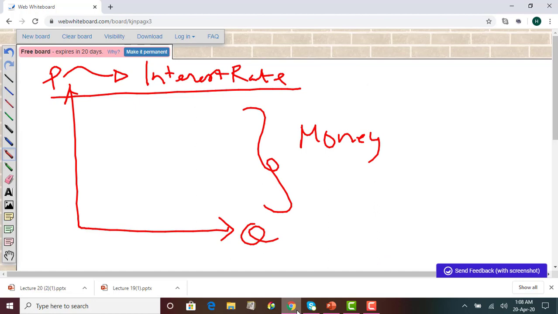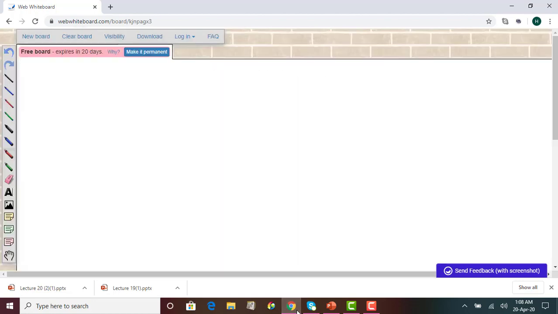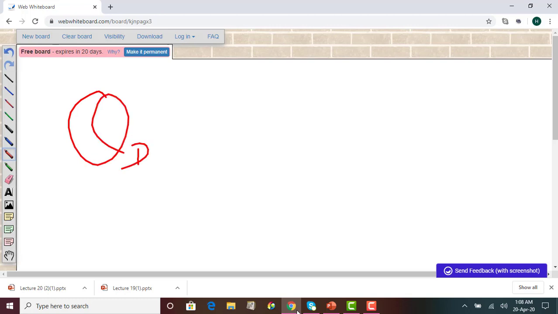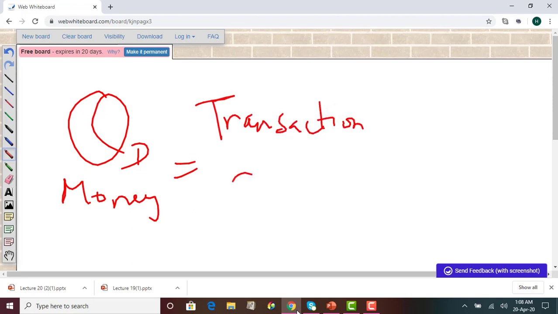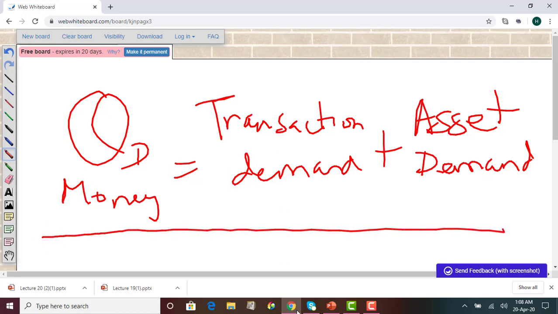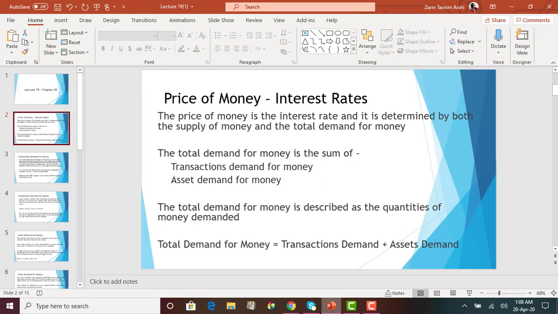So, total demand for money is equal to transaction demand for money plus your asset demand for money. I will explain what each of these means, but we have to know that the total demand for money is the summation of the two.